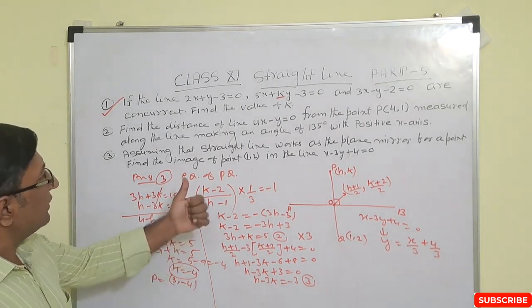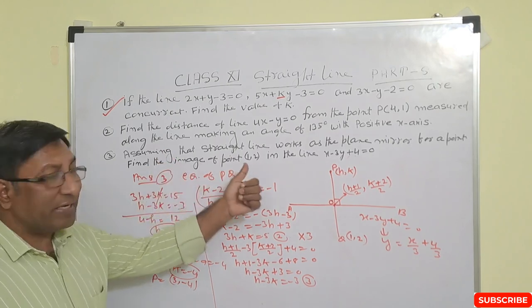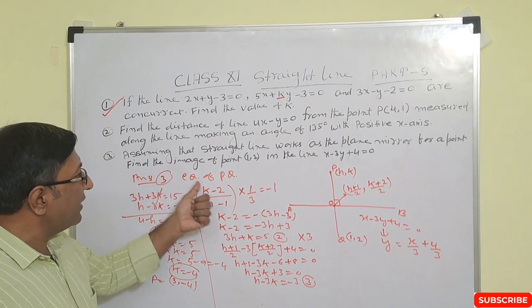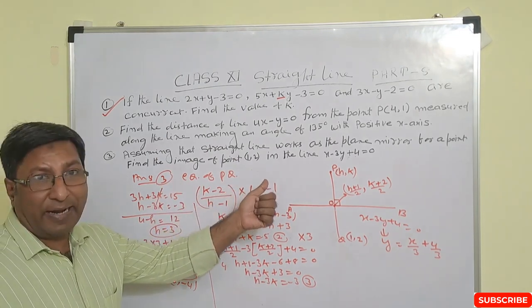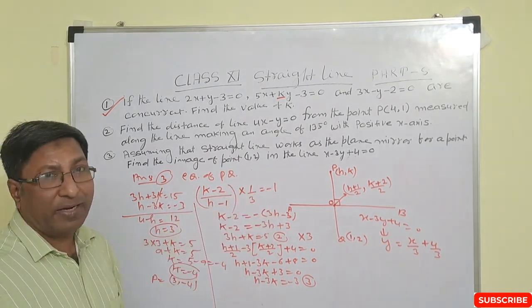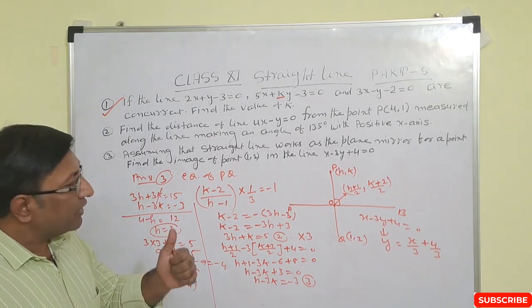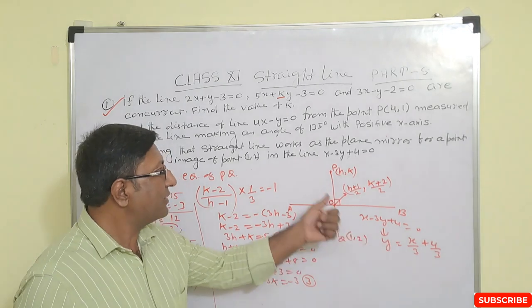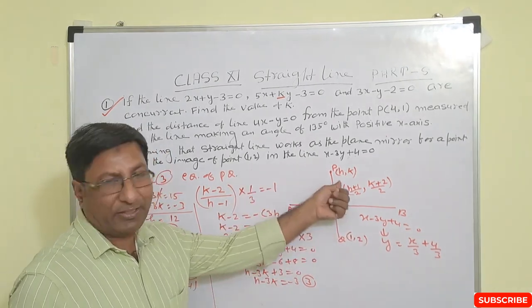Okay. So again see the question. Assuming that a straight line works as a plane mirror, find the image of this point in the line x minus 3y plus 4 equal to 0. For this type of question, there is a simple method. This is a line and suppose this point has image h, k.